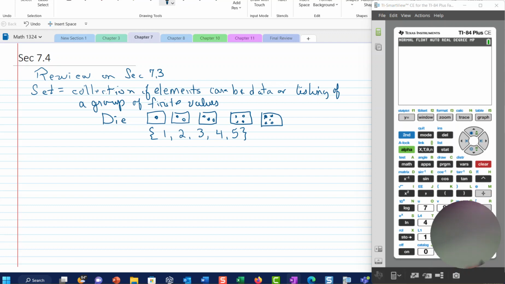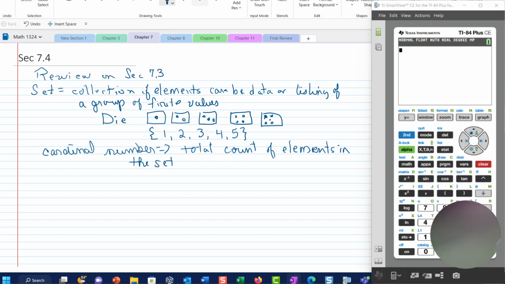Well, then we talked about the cardinal number. The cardinal number is the total count of elements in the set.